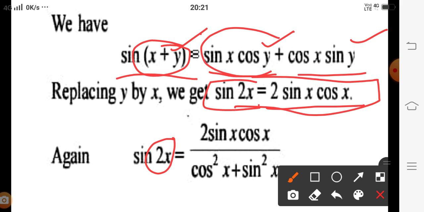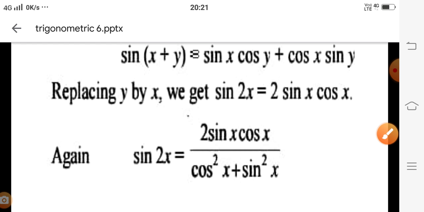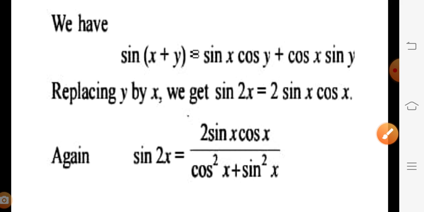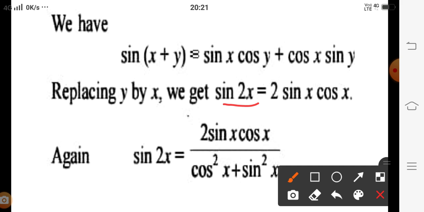Here we are getting sin x cos x, here we are getting sin x cos x, means we are getting 2 into sin x cos x. Then the identity we are getting as sin 2 theta equal to 2 into sin theta cos theta. Half of this angle, this you are observing here. The angle here we are getting 2x, but here we are getting x and x, means half of the given angle.